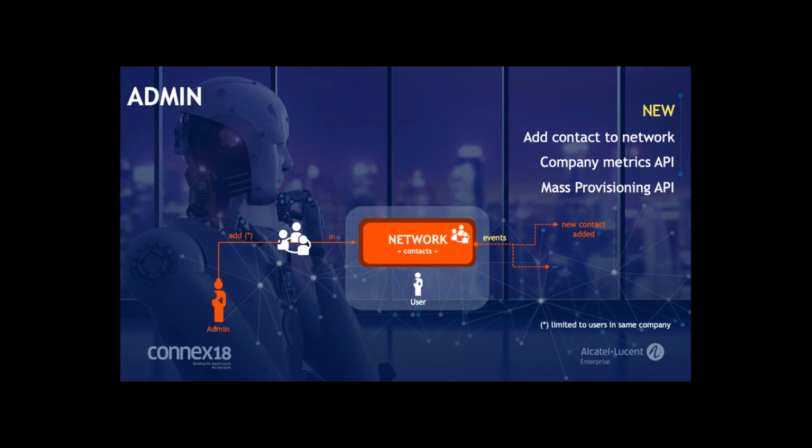And concerning our SDK Node and our REST API, as a Rainbow user with admin rights, you now have the possibility to add a user to the network of another user.